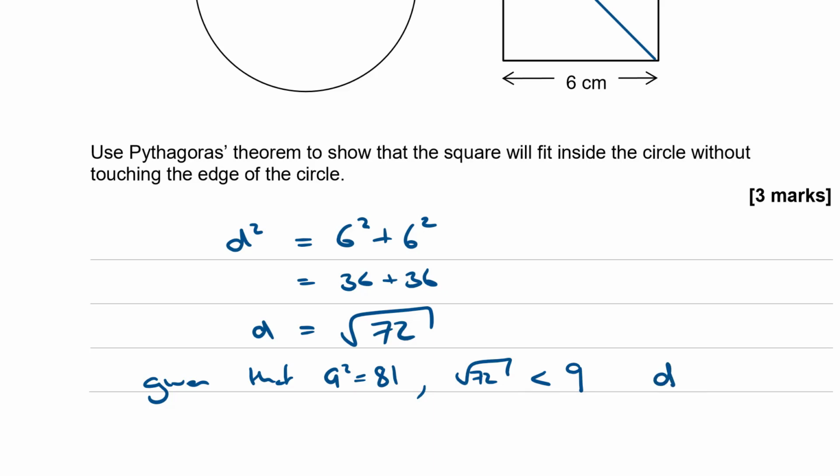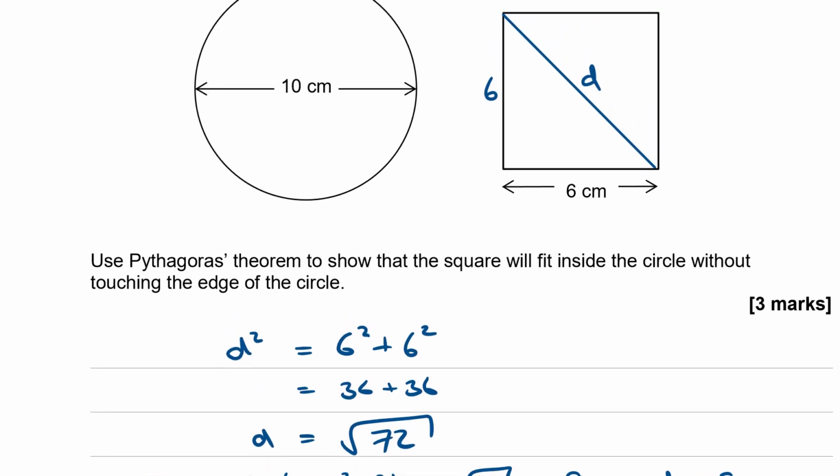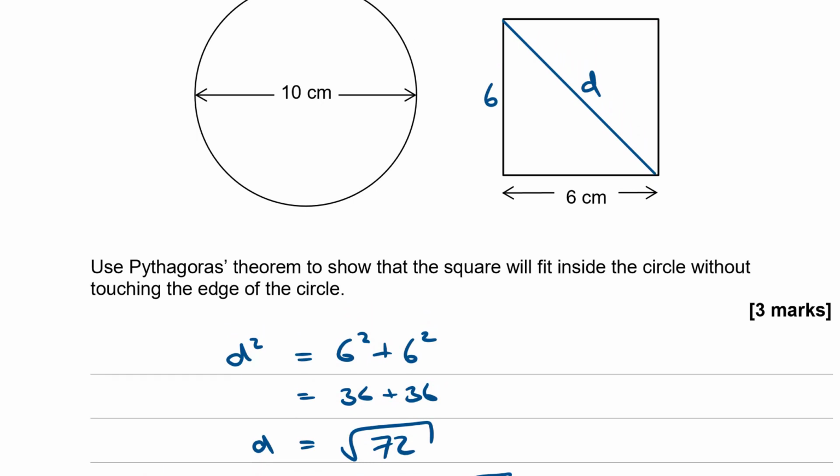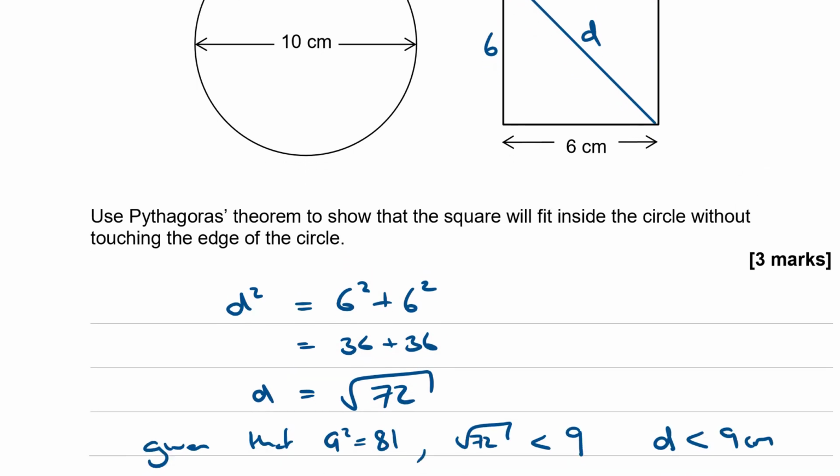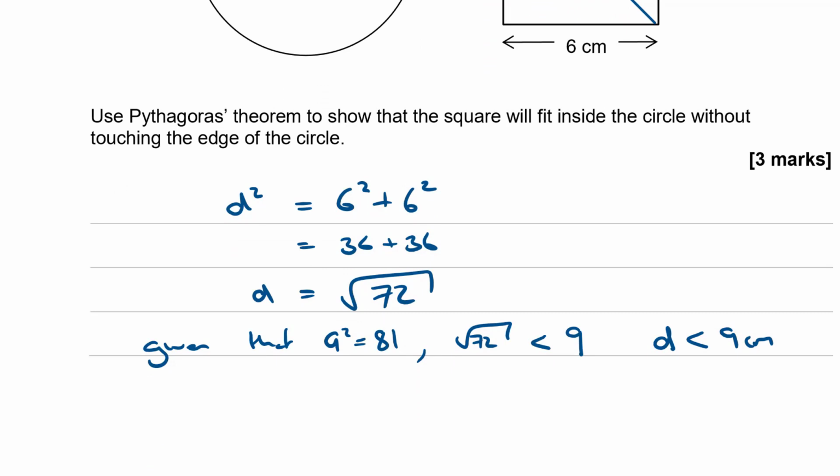So our diagonal of our square must be less than 9 centimeters in length, and if it's less than 9 centimeters in length, it's easily going to fit inside that circle. So therefore square fits inside circle.